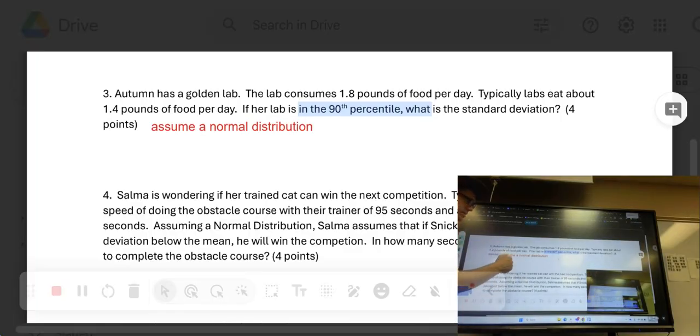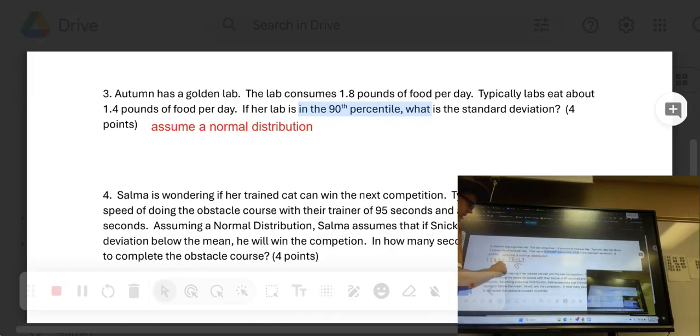So if I were doing this the inverse norm way, 1.282 is our z-score, equals the x, which is 1.8, subtract the mean, 1.4, and divide by the standard deviation. And you got to solve for the standard deviation. Well, we're going to have to do that this way to solve it, but we get our z-score from this.